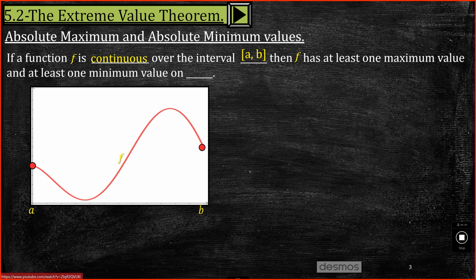So you've got this continuous function f here, and it has to be defined at the endpoints. It can't be open, it has to be closed. If it's closed at the endpoints, then it must have a max and a min.